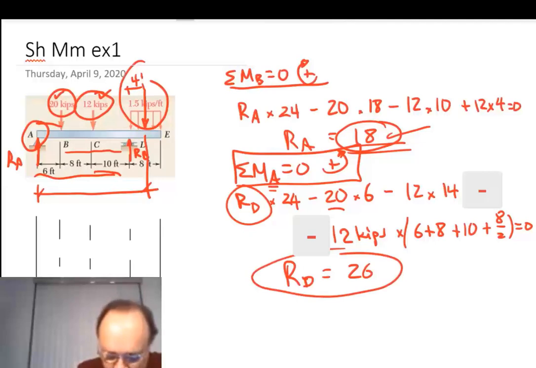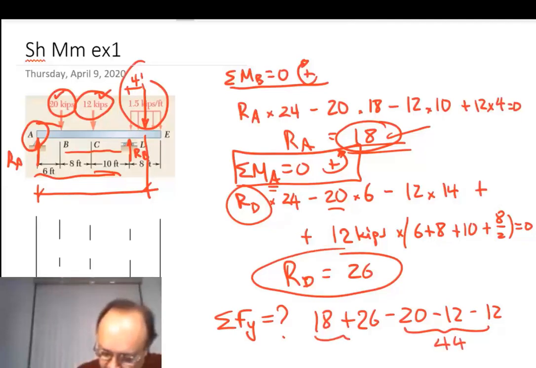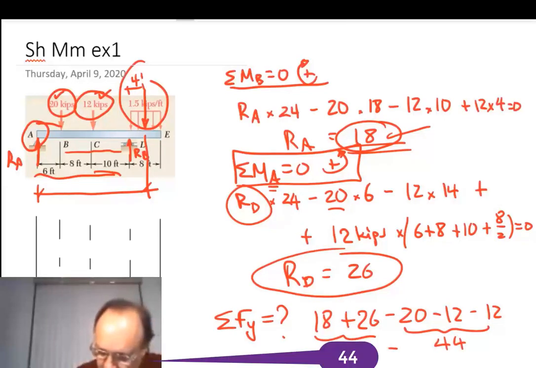And then what you do is a summation of forces in the y direction to check if everything is correct. Let's check. You have 28 going up plus 26 going up, minus 20 going down, minus 12 going down, minus 12 going down, right? So this is 54 and this is 44 plus 12... equals 0.